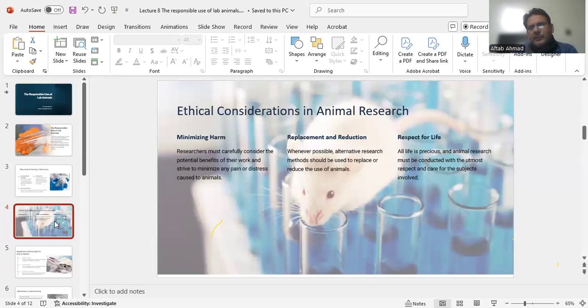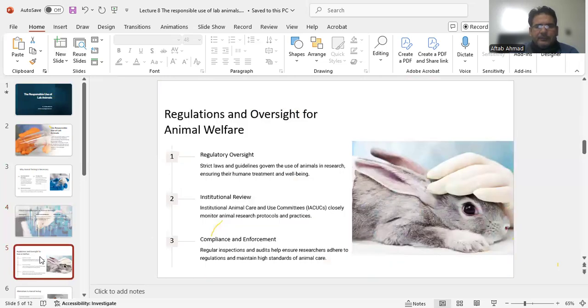The third important thing is that we should respect all life. Animals also have life, so we have to respect that, and that's why we should go for replacement and reduction in the number. We should try our best to cause minimum harm to the animal. So this is the ethical consideration.